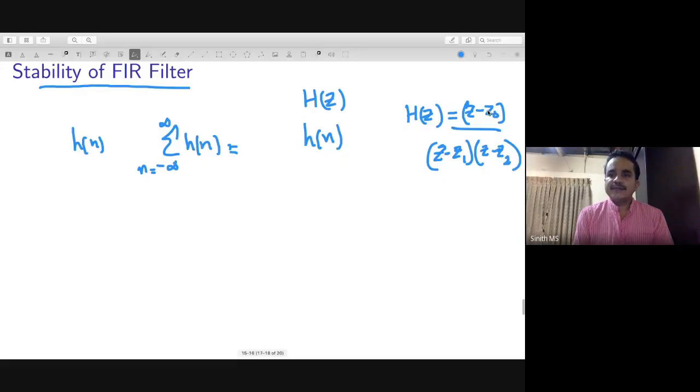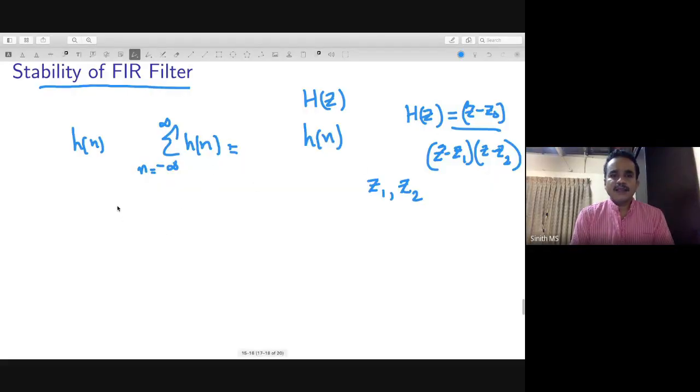At z1 and z2, you know that this will tend to an infinite value, which will make the system unstable. So in this case, the poles are z1 and z2. At these poles, this system is going to be unstable. So like that, we can find whether a system is stable or not from h[n] or from H(z).